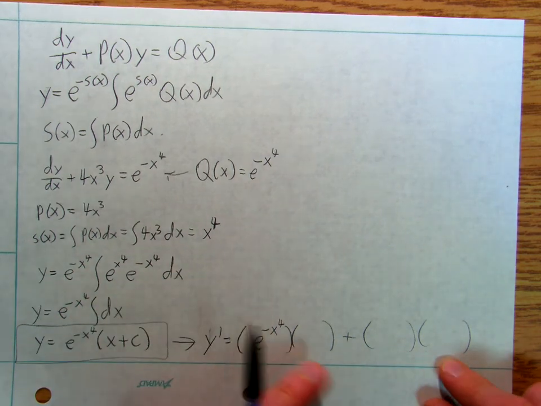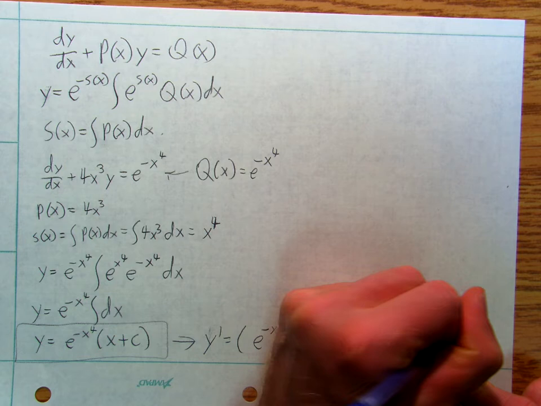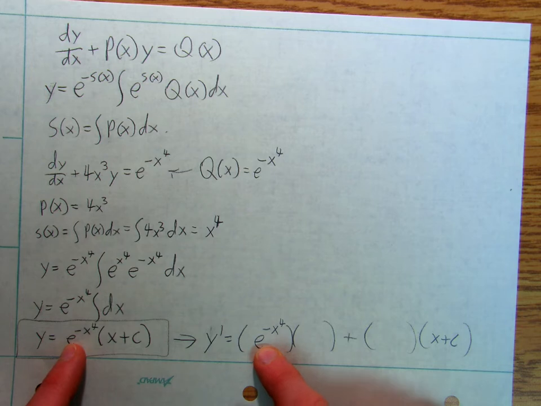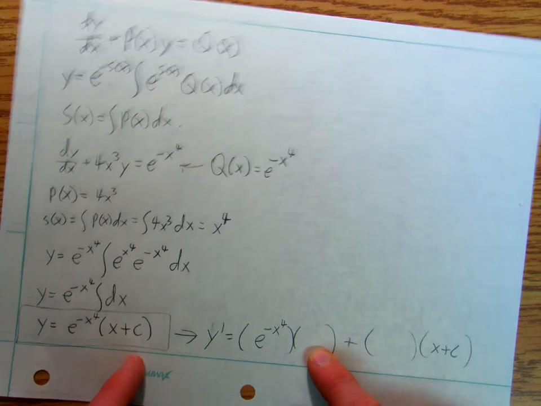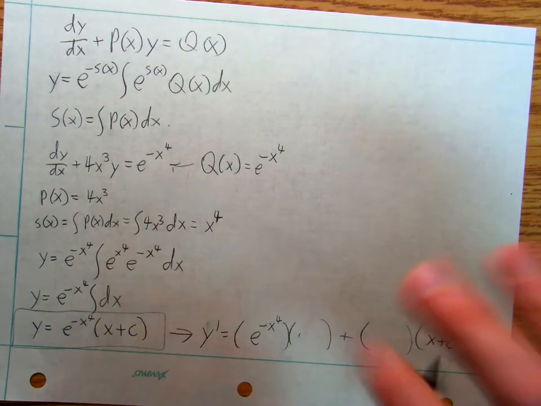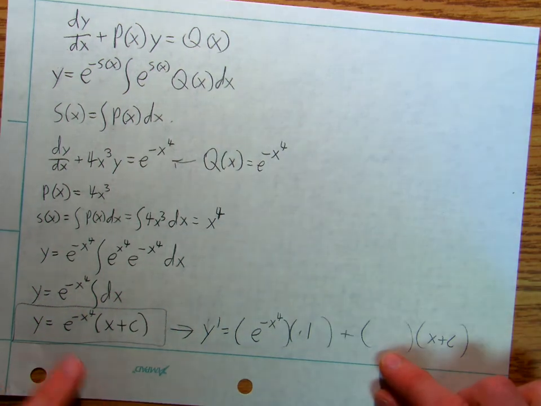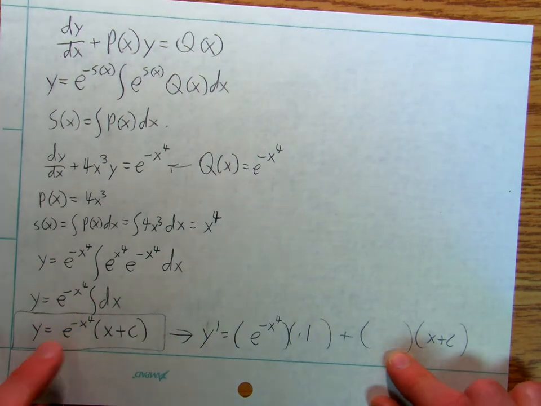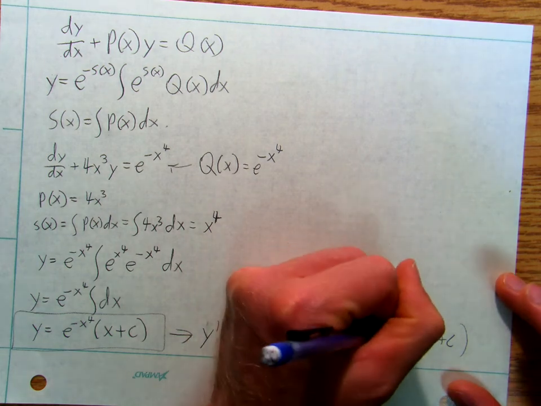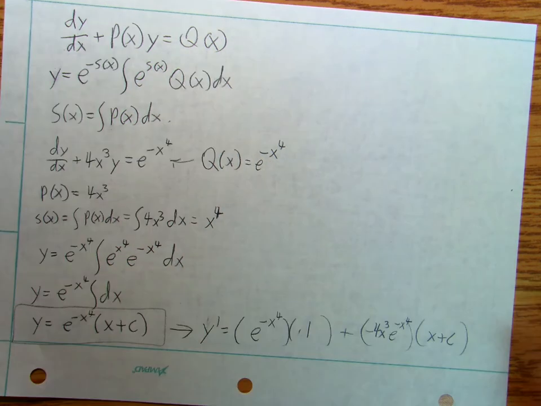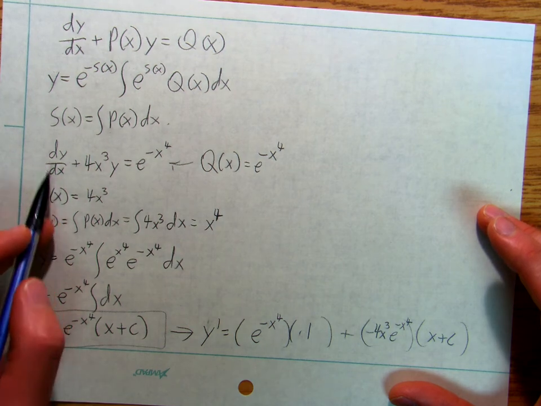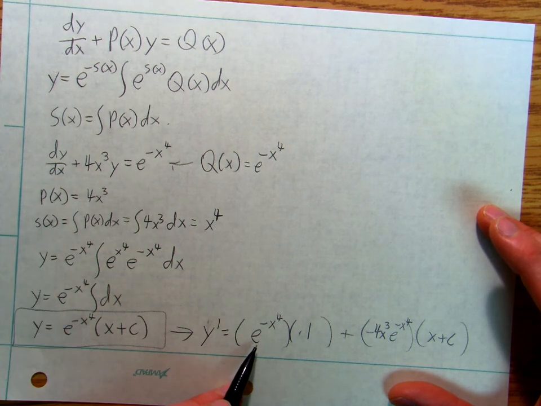And then I'm going to put this here. So that goes there, and that goes there. The derivative of that goes here, so that's just 1 in my notation that I'm using right now. The derivative of that goes there, so that's going to be negative 4x cubed e to the negative x to the fourth. And so then going up, I've got dy dx, which is this.